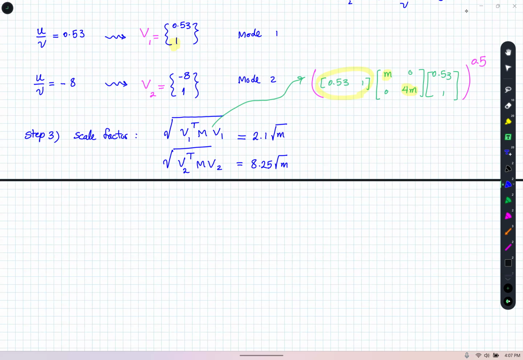Now that I have the scaling factors, the normalized mode V1 is like 53 divided by that number.